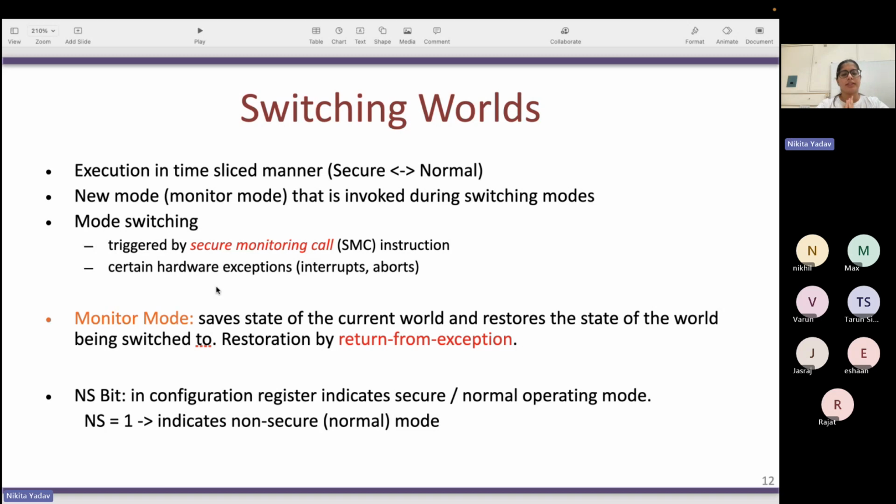Then when the SMC instruction is executed, the monitor catches the exception and changes the NS bit, which signifies in which mode your processor is running, whether the secure world or the normal world. The NS bit equal to 1 indicates that your processor is running in the normal world.